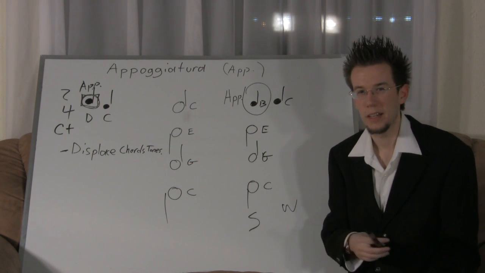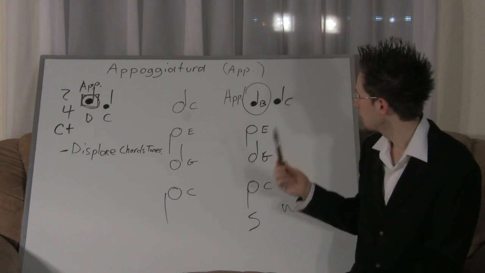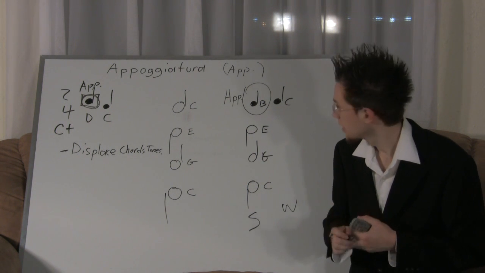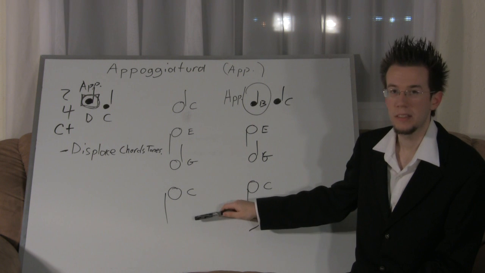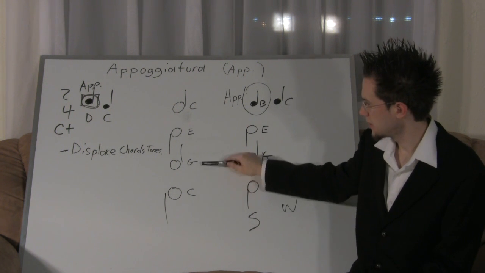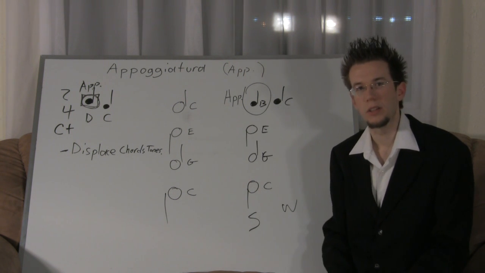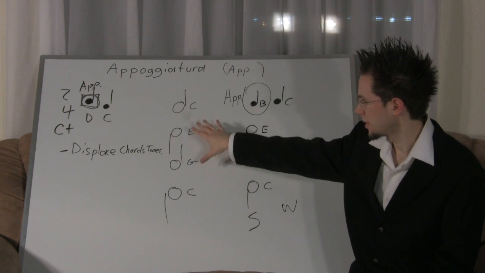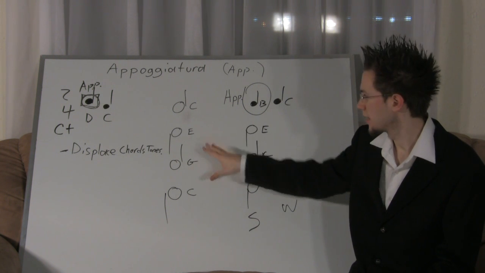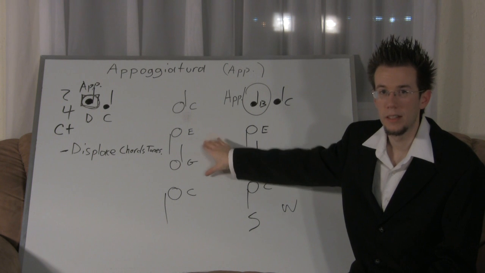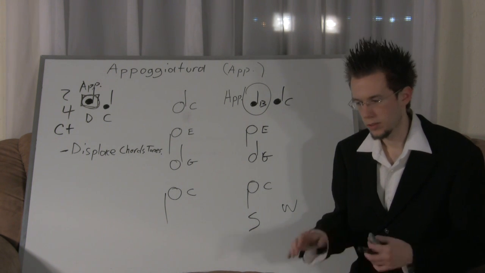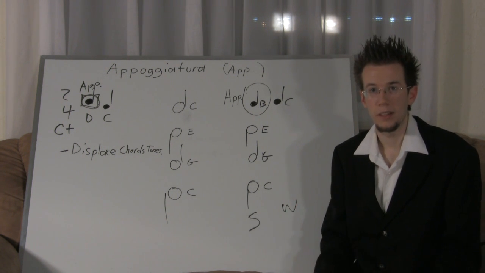How could we use that to actually make good music? One way we can do it is right here. Say we have this C chord in chorale style where we have C, G, E, C. Obviously this isn't the piece, I'm just taking this chord out of context. Say this is the ending of your piece. So you're going da da da da da da dum dum, kind of like that.